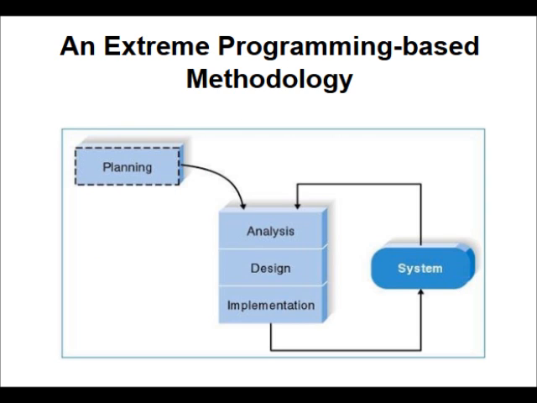The extreme programming based methodology goes planning, then analysis, design, implementation, and when the final system is developed, then go back to analysis, design, implement. So it goes on. Continuous progressive elaboration takes place in which at every step in parallel we analyze, design and implement. We do it again and again in an iterative way.